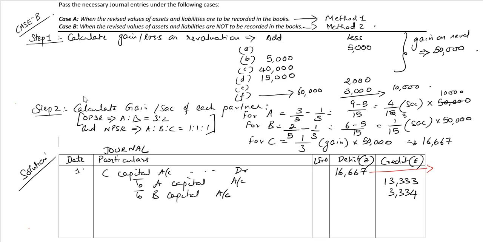We got the amount to debit C's capital account by taking 1 by 3, which is C's gain, multiplied by the gain on revaluation, rupees 50,000. We got the amount to be credited to A's capital account as A's sacrifice 4 divided by 15 multiplied by 50,000 gain on reval, and the amount to be credited to B's capital account as 1 divided by 15 multiplied by the gain on reval 50,000.